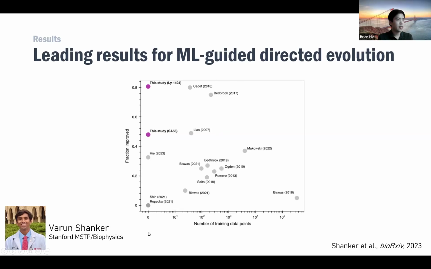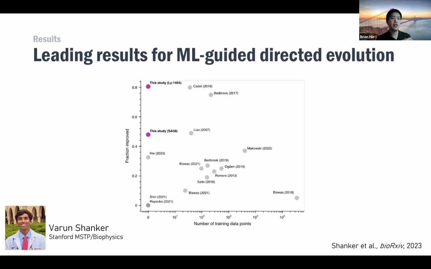And the model is still able to improve the neutralization potency, for this one antibody, in around 50% of the variants that it suggests. And for this other antibody, around 80% of the variants that it suggests. So we think this could be very valuable in areas where you might have some task of interest, but you have no or very little task-specific data with which to train a large supervised model.